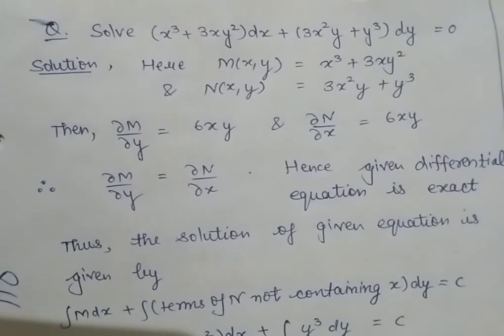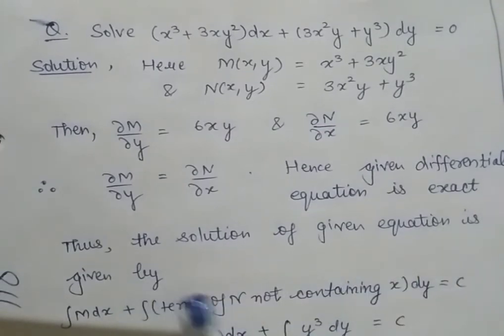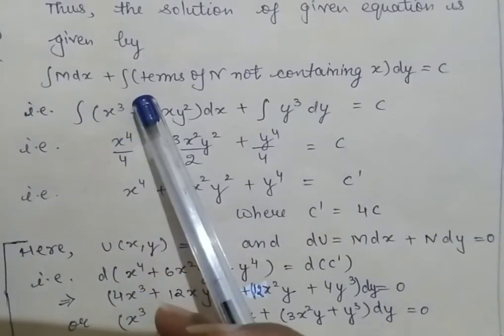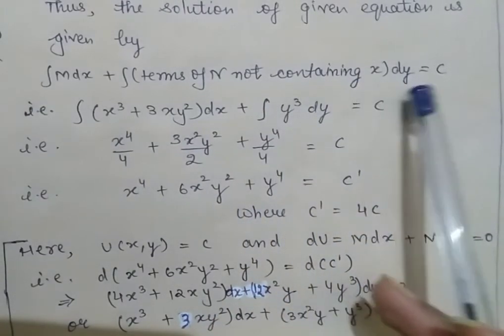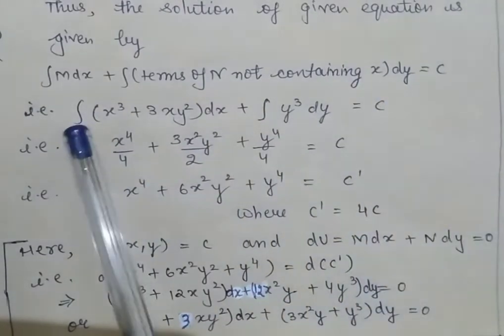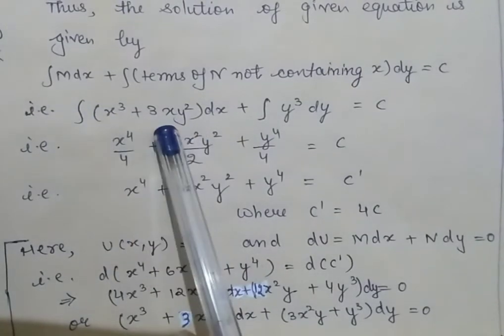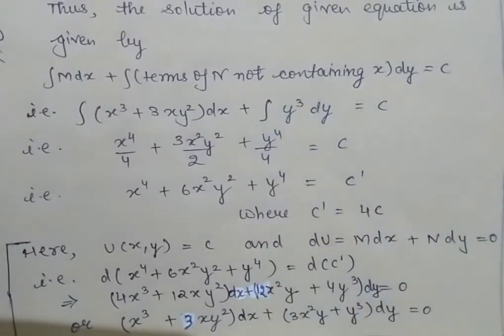Now if the equation is exact, then the solution of the given equation is given by integral M dx plus integral of terms of N not containing x dy equal to c. M was x cube plus 3xy square. So integral (x cube plus 3xy square) dx plus integral of terms of N not containing x. And N is 3x square y plus y cube. Here we have only one term, y cube, which has no x.